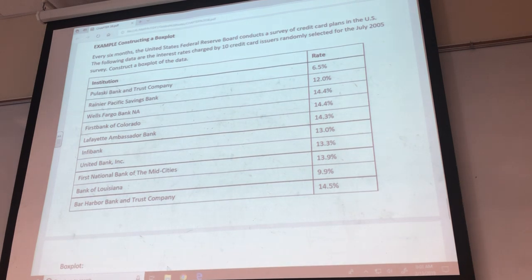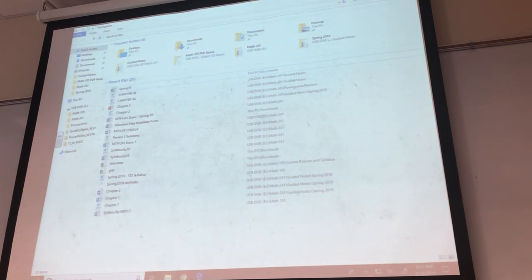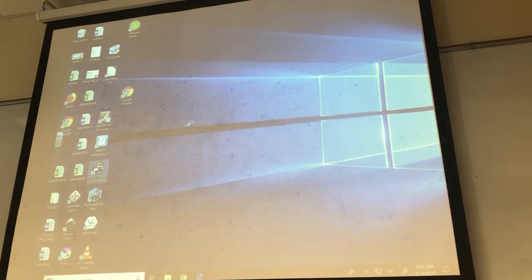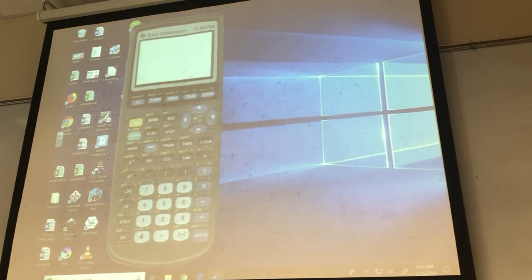Found the 5-number summary previously. So last time we did our 5-number summary for this data set.